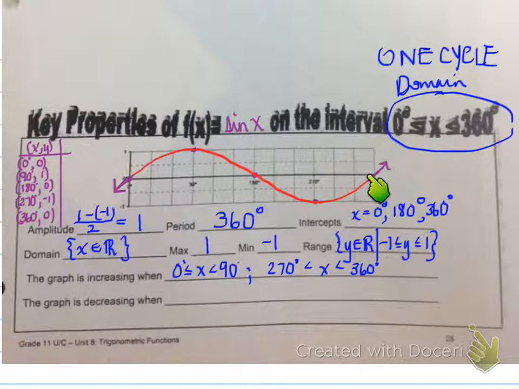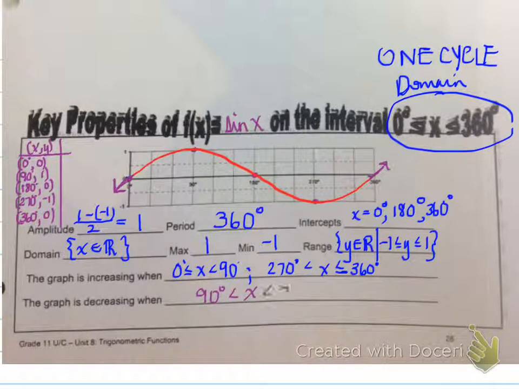The values start increasing again till we go to here. Again, we're only doing it for one cycle. So that would be the red graph that you see there, and that's where it's increasing. We include the 360 because if we continue, the graph will continue to increase after 360.